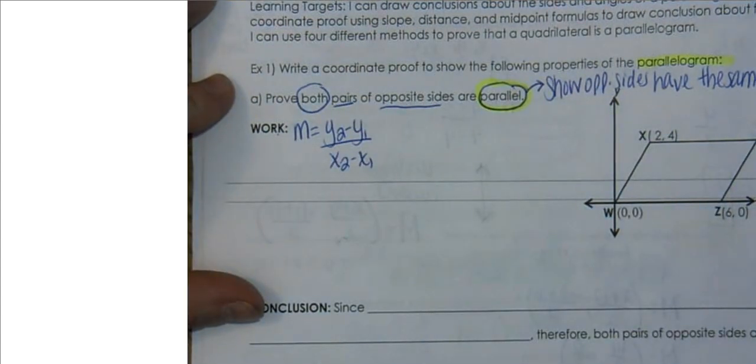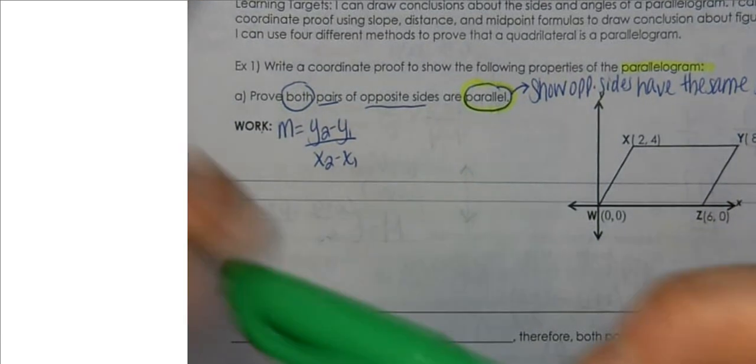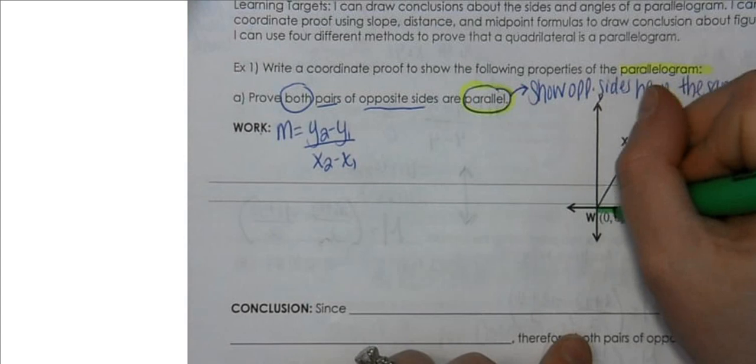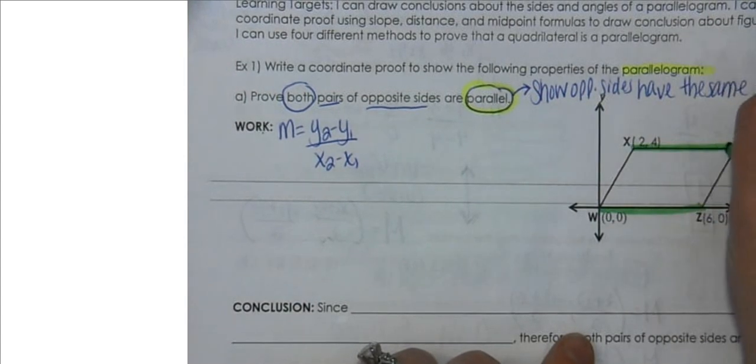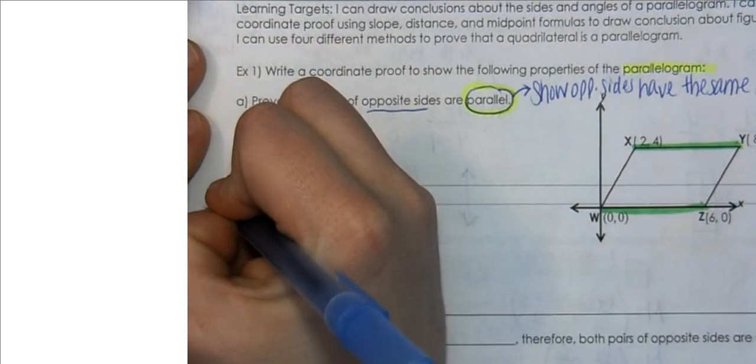We always write out the formula. And looking at our figure right here, we want to show that both pairs of opposite sides are parallel. So I like to color coordinate, and I'm going to work with the green sides. These are opposite sides. So I'm going to identify the slope of WZ.